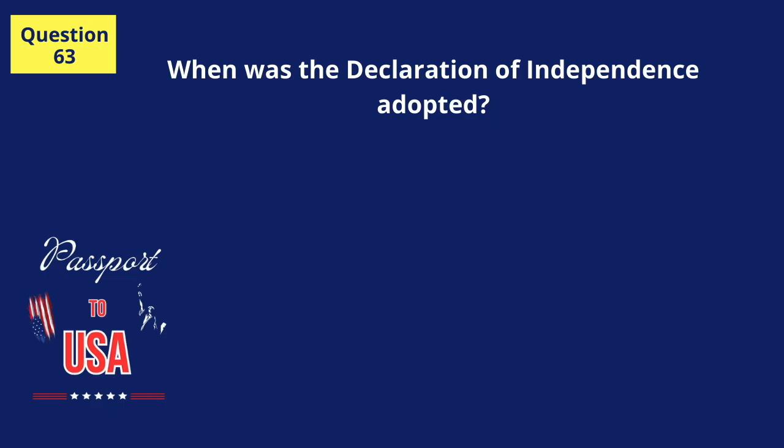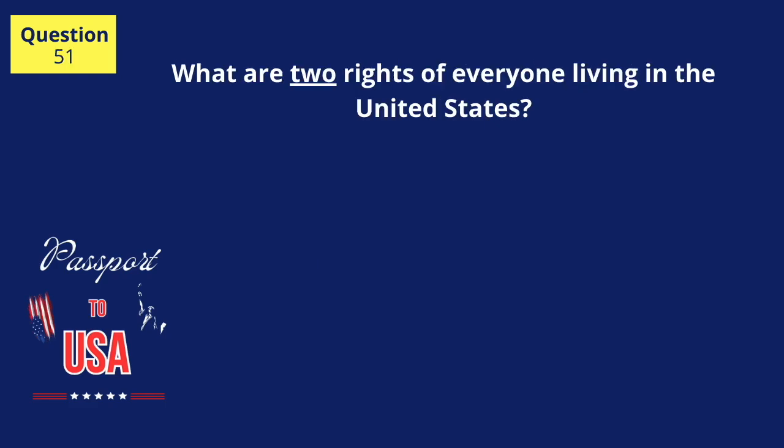When was the Declaration of Independence adopted? July 4th, 1776. What are two rights of everyone living in the United States?